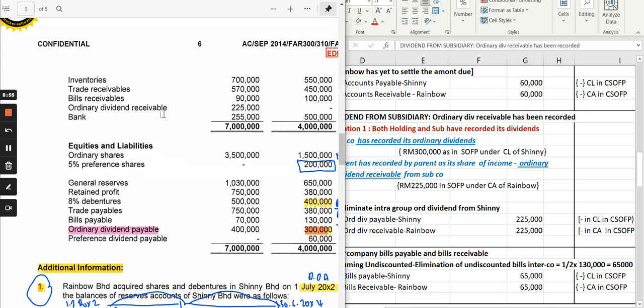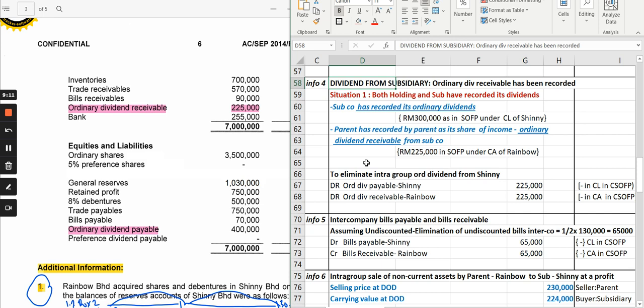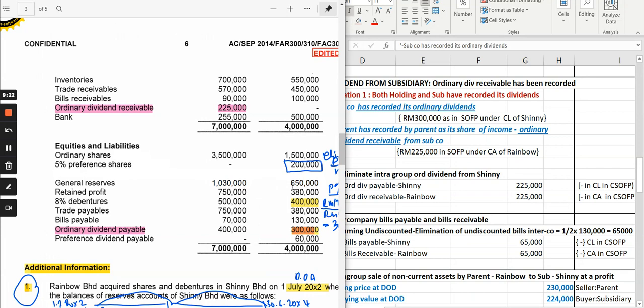okay, you have 300,000 ordinary dividend payable by Shini. So the parent has taken credit or has already recognized that. So you need to check whether this 225,000 has included the share of the parent. To do that, you need to actually eliminate this intra-group dividend. So the subsidiary company has recorded its ordinary dividend. This 300,000 appears here, under current liability of Shini.